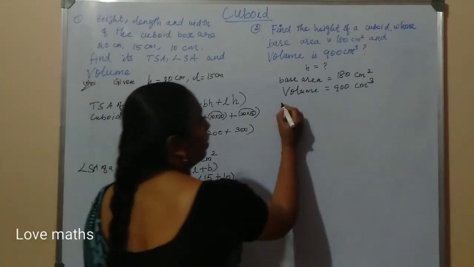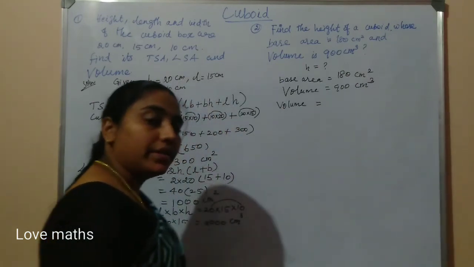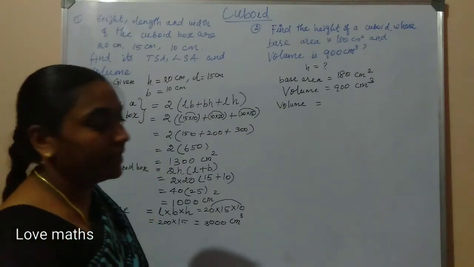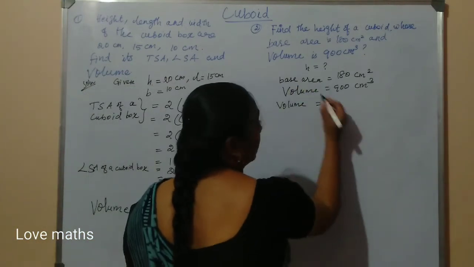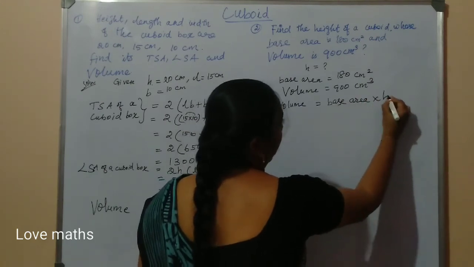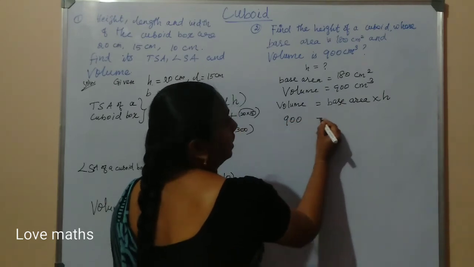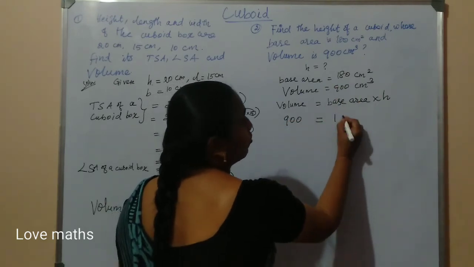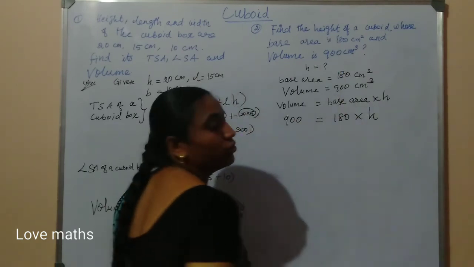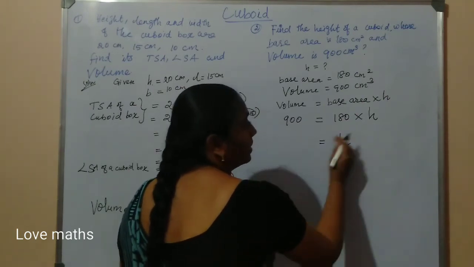So first you write the volume formula. Volume is L into B into H, that is base area into height. So write that formula, because base area is given. Now substitute here: 900 equal to base area 180 into h, which I don't know. I should find h only. This h you can keep this side.